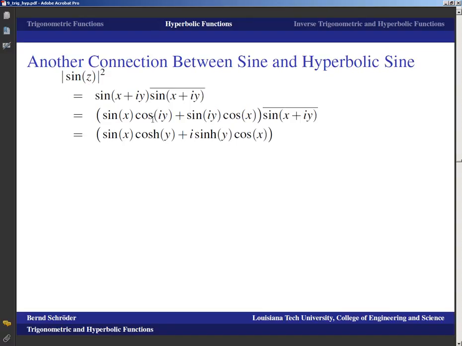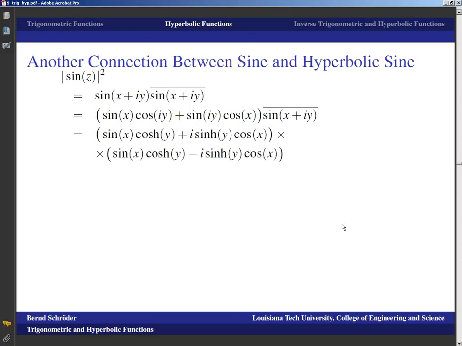So we know now here that the first term, by what we had on the preceding slide, is sine x cosh y, and this is i sinh y cosine x, and then we have times its complex conjugate, which is of course the same thing as what we have up here, only that the plus between real and imaginary part is replaced with a minus.